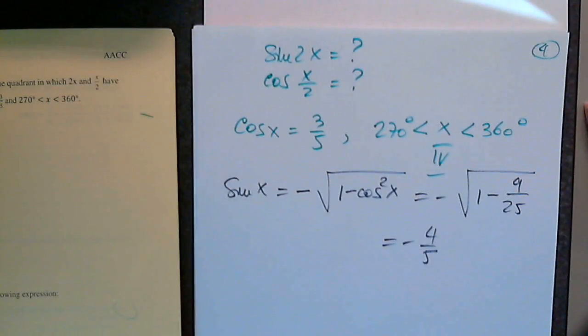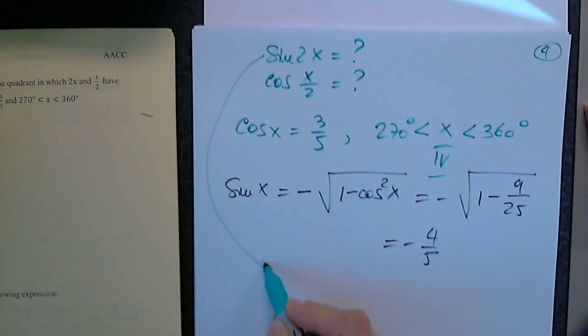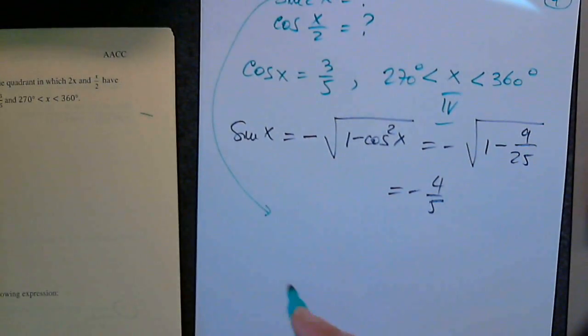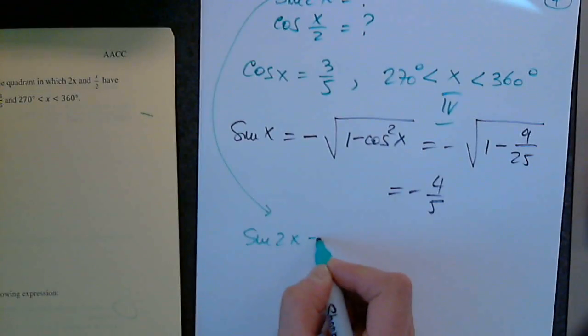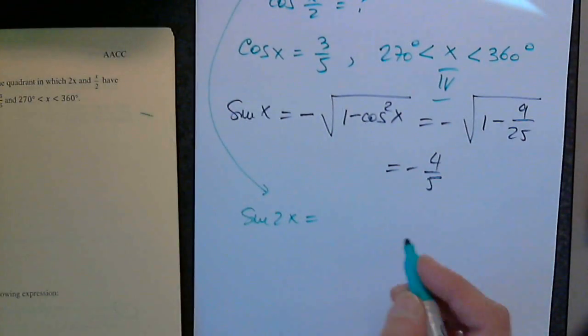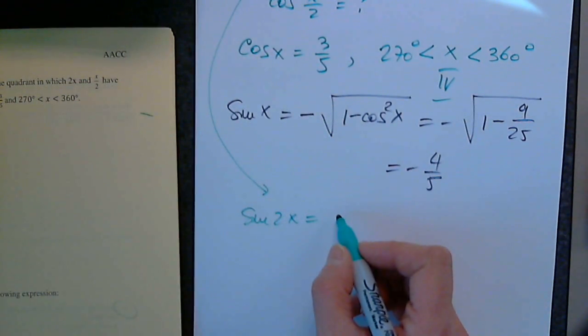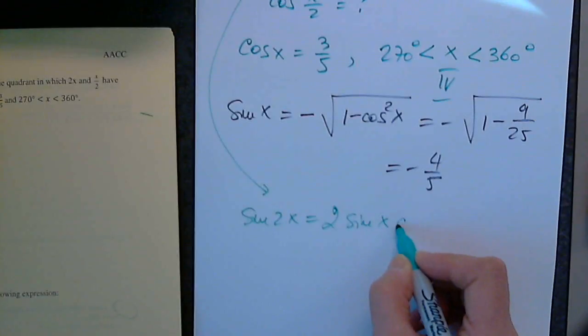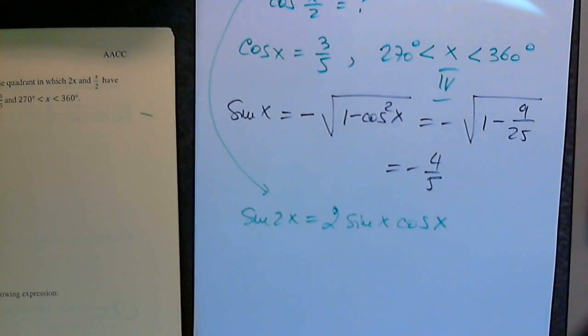So I have sine and cosine, and I can already answer this because the identity for sine twice x is 2 sine x cosine x.